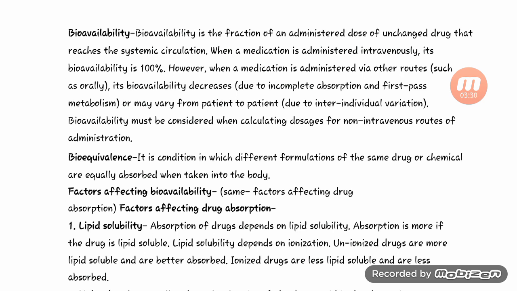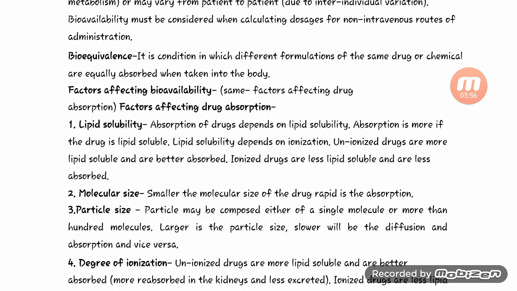However, when a medication is administered by other routes such as oral, its bioavailability is decreased due to incomplete absorption and first pass metabolism, or may vary from patient to patient due to individual variation. Bioavailability must be considered when calculating dose for non intravenous routes of administration.